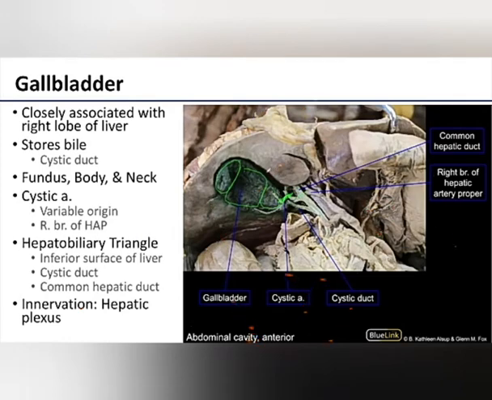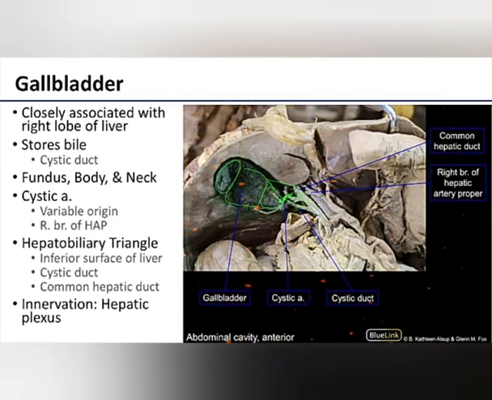That hepatobiliary triangle has the following sides. The superior portion, or side, is going to be the inferior surface of the liver. The medial portion is the common hepatic duct, and the inferior portion running alongside of the gallbladder is going to be the cystic duct.